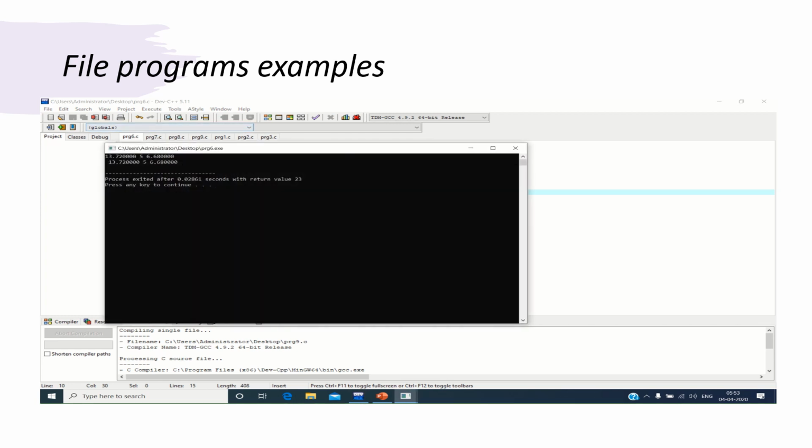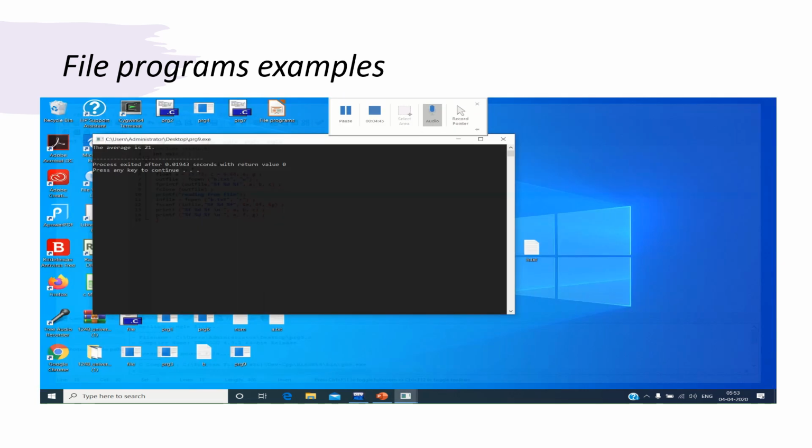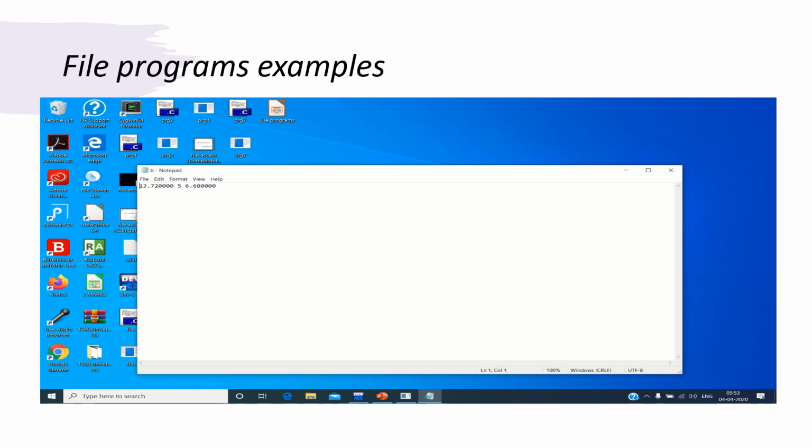You can see that these contents are written to your text file, and from the text file it is displayed on your screen. First you are writing your three values into b.txt using fprintf, and then you are reading it using read mode, scanning it into new variables and displaying it. Let me show your b.txt file. This is b.txt in which you have three numbers.